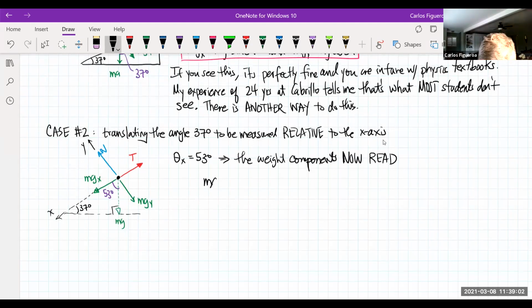So if you're the kind of person that goes, oh yeah, x is always about cosine, then you can still do this. And along the y-axis, you go, yep, that's a sine. You can read exactly like this.